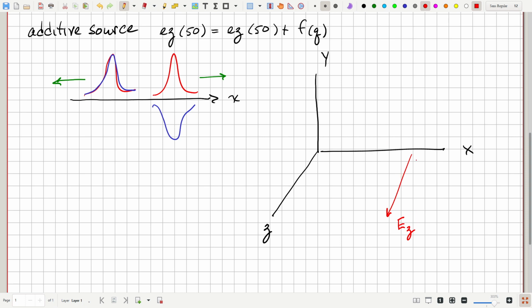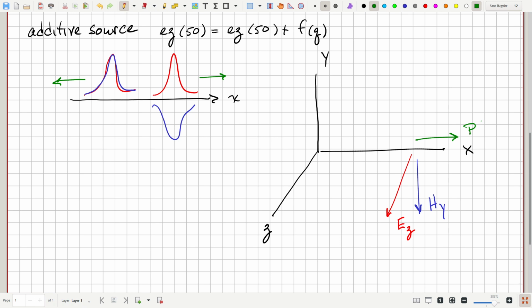So in a plane wave, the cross product of E and H gives you the Poynting vector, the direction of propagation. And so to propagate to the right, we'd have to have HY negative. And then that would give us a Poynting vector, which would propagate in the x direction.